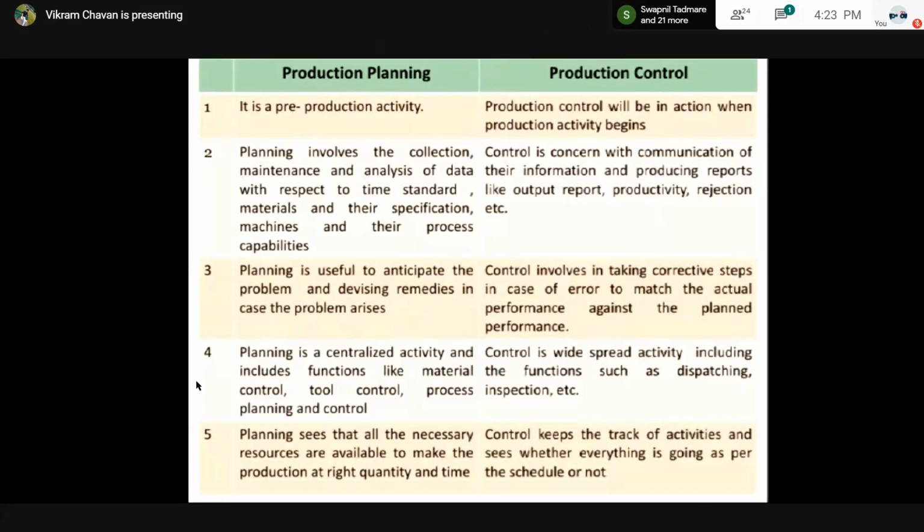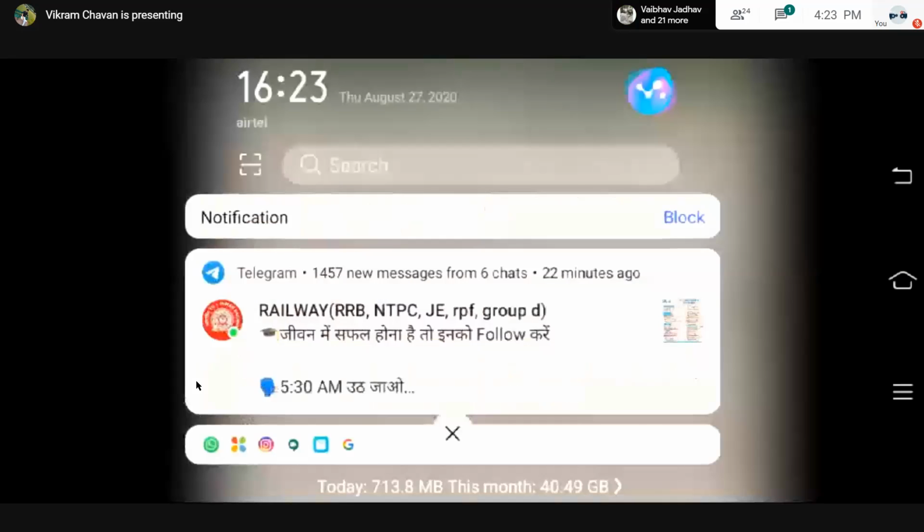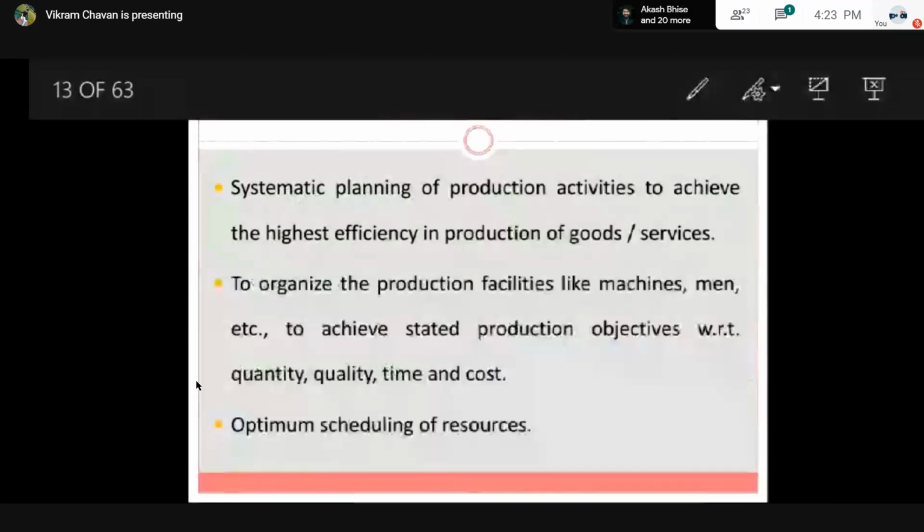Shall we move ahead to the next point? Have you finished? Okay, next point.